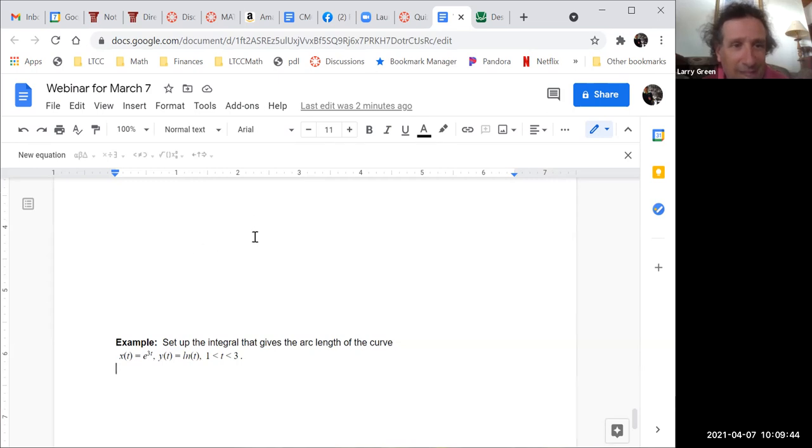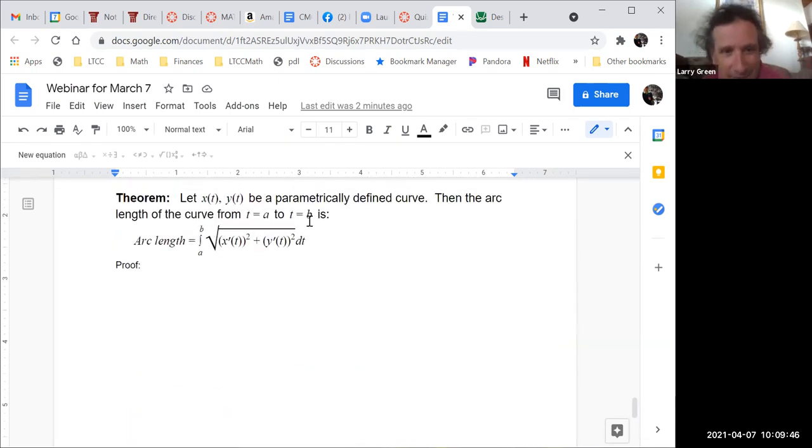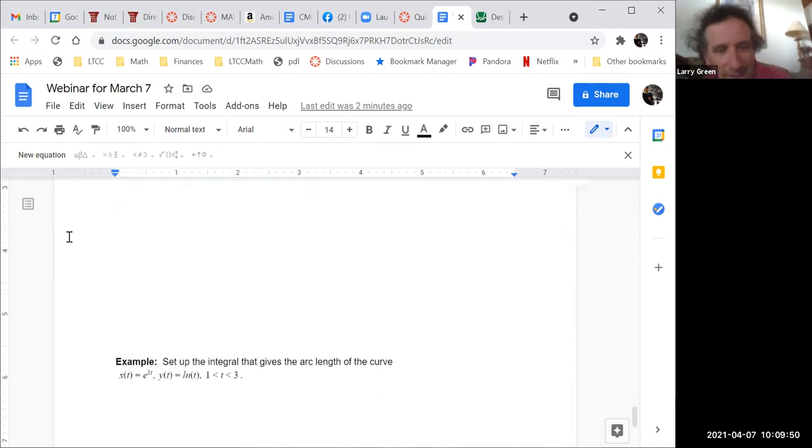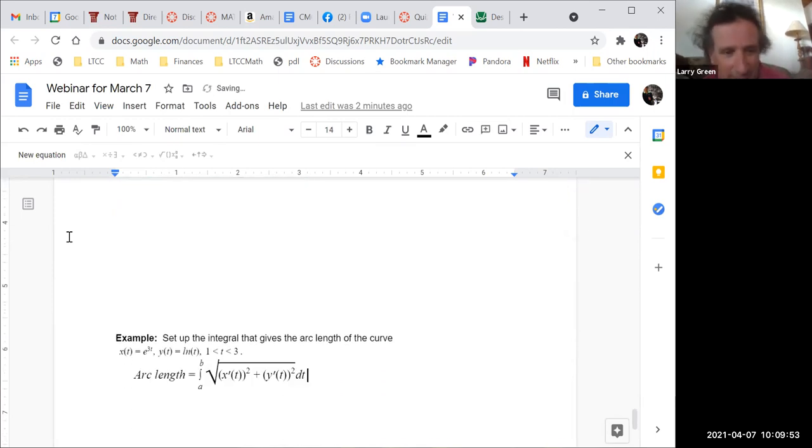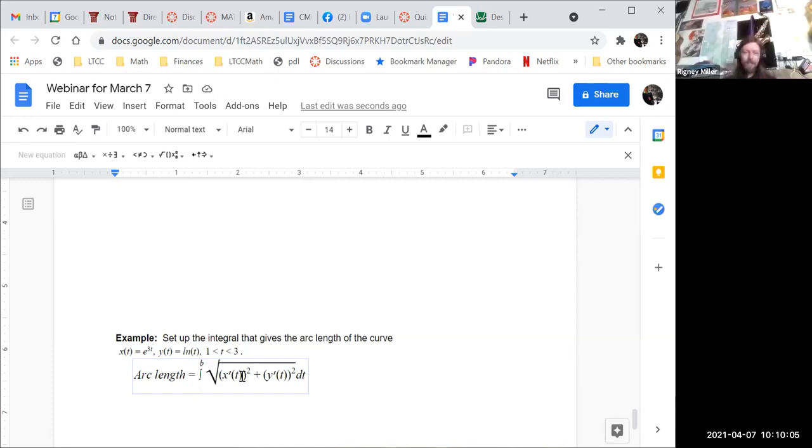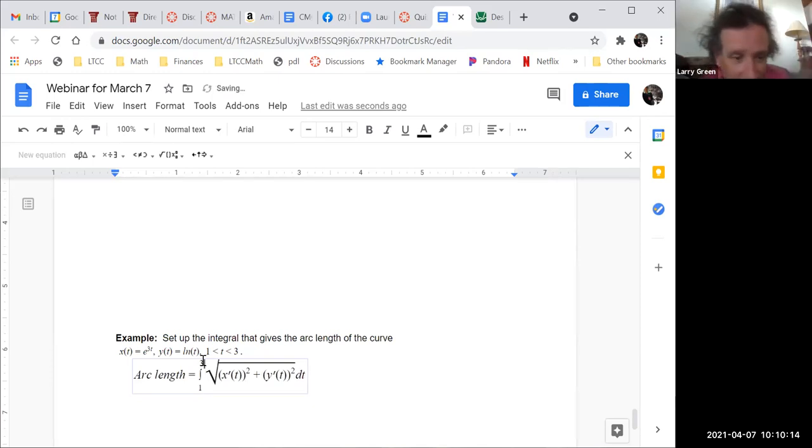It's easy. Just for fun, I'm going to copy and paste the formula and then put in the values. So arc length is the integral from a to b. What's a? Very easy. 1. And what's b? 3. Hopefully you agree that was easy.